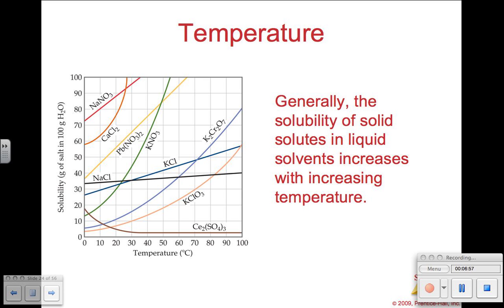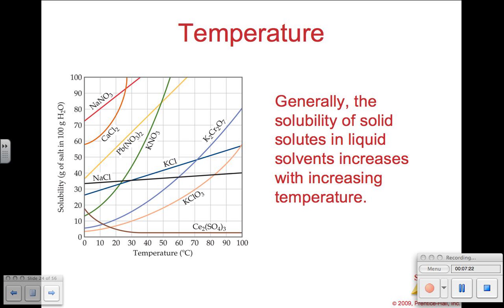Cerium? I think it's cerium. We'll hope so. Anyway, that substance on the bottom has an odd solubility compared to the other solids. But for the most part, if you increase the temperature of a solvent, more solute will dissolve in that substance.